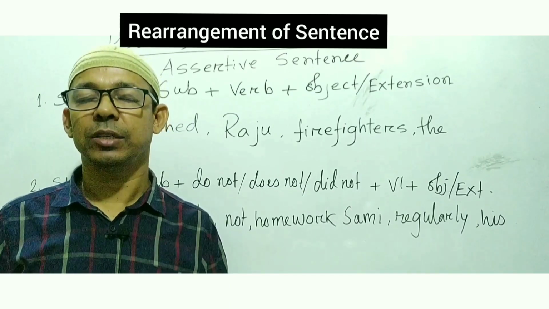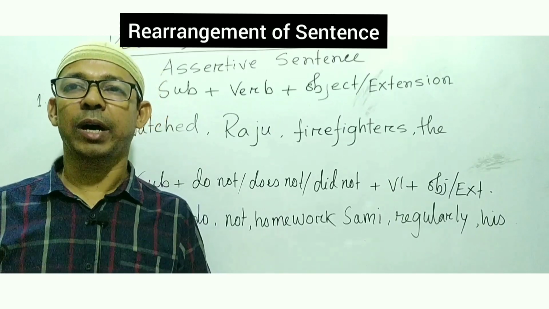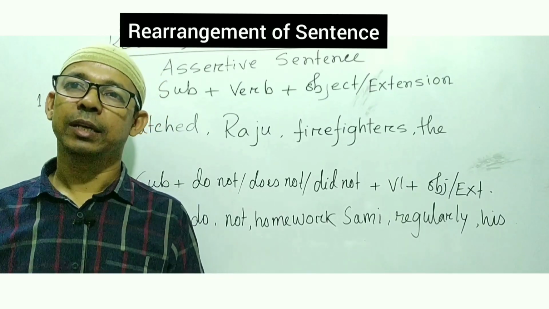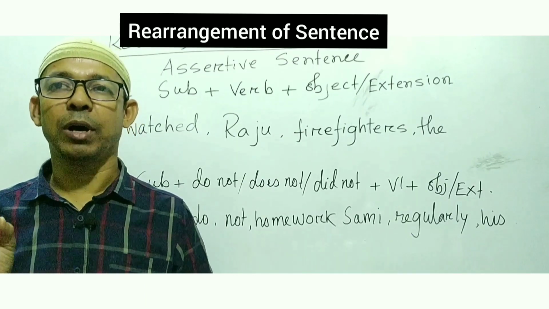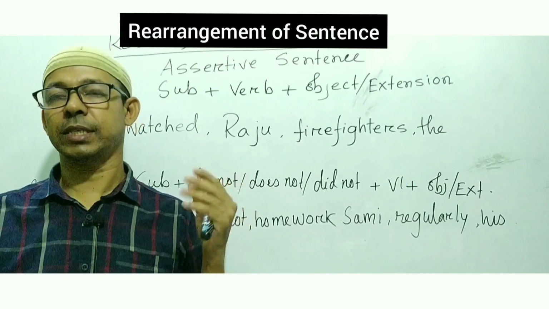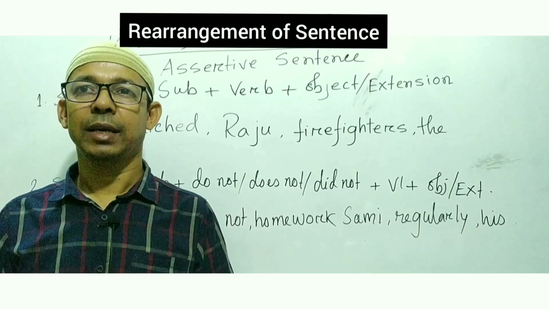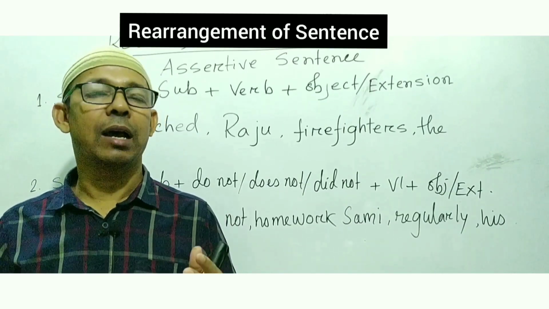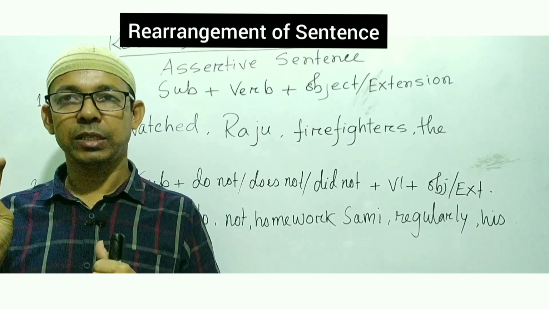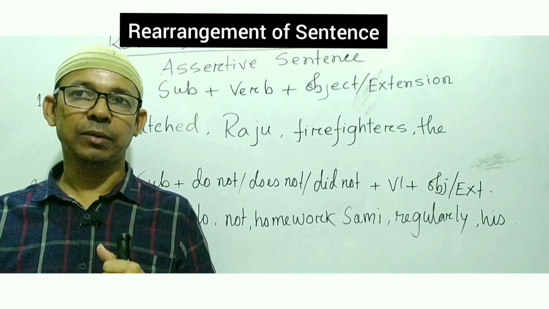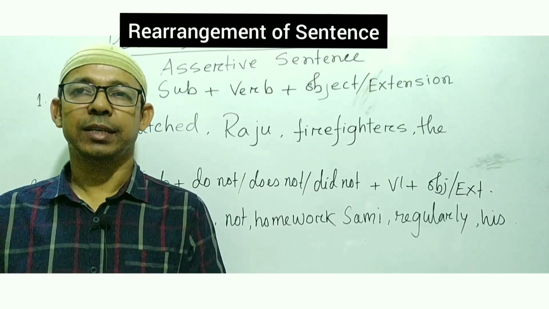Okay, so my dear students, if you want to get full marks in this question, then you have to have full knowledge about the structures of all sentences. We know that according to meaning, sentences are of 5 types, and they are assertive, interrogative, imperative, optative, and exclamatory.